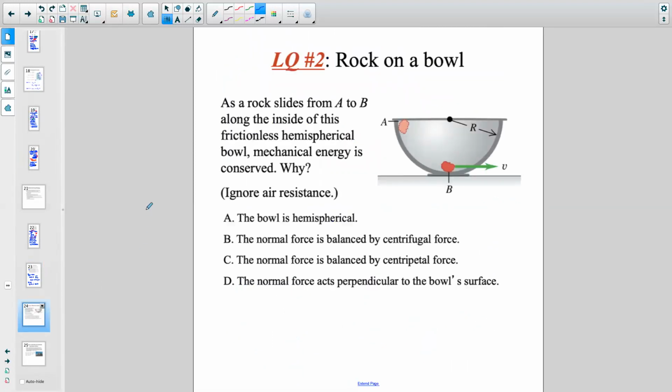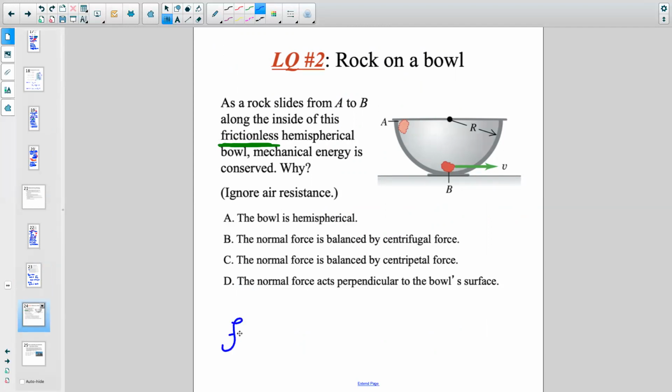Rock on the ball. As a rocket slides from point A to point B along the inside of this frictionless hemispherical ball, the important part is frictionless, it does not have any friction, and mechanical energy is conserved. Why? Because there's no friction involved.